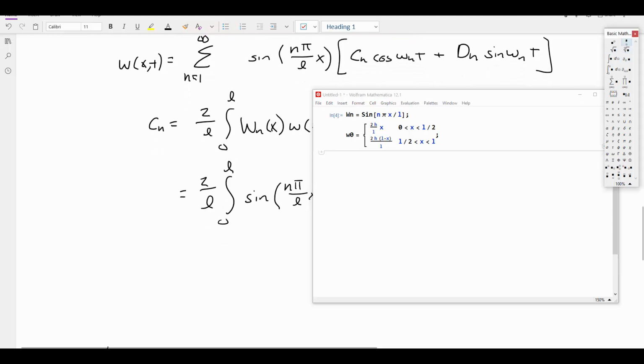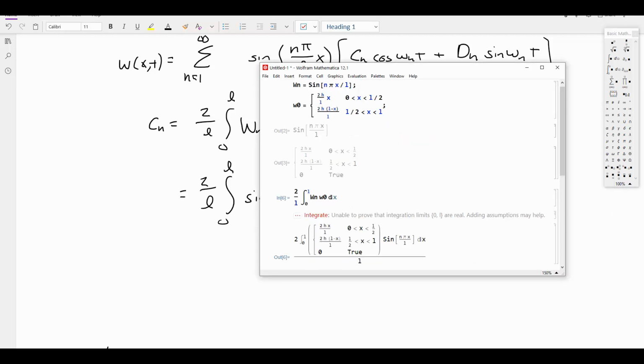So let's put out in front 2 over L. And I want the integral from 0 to L of my Wn multiplied by my W of 0. And we can let it do the hard work for us of the integration.